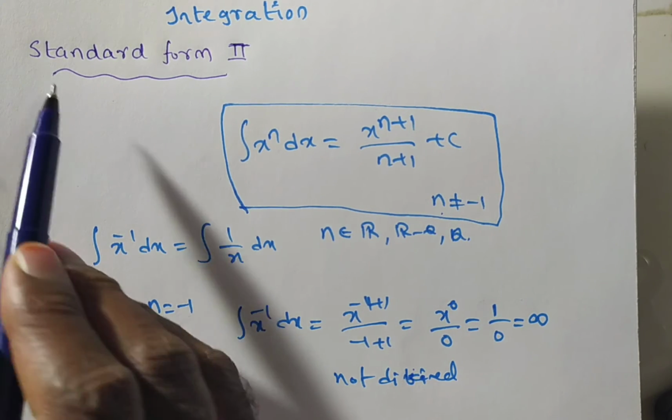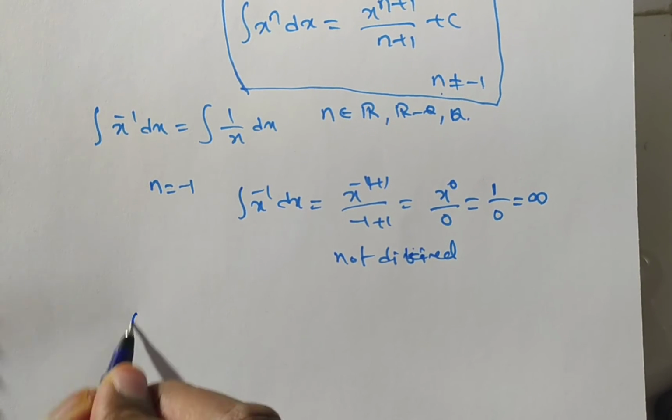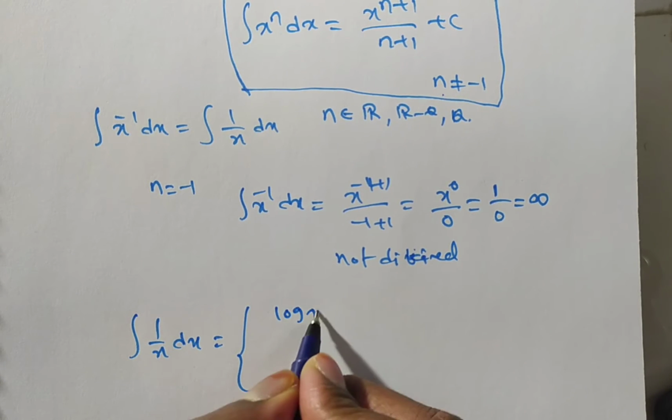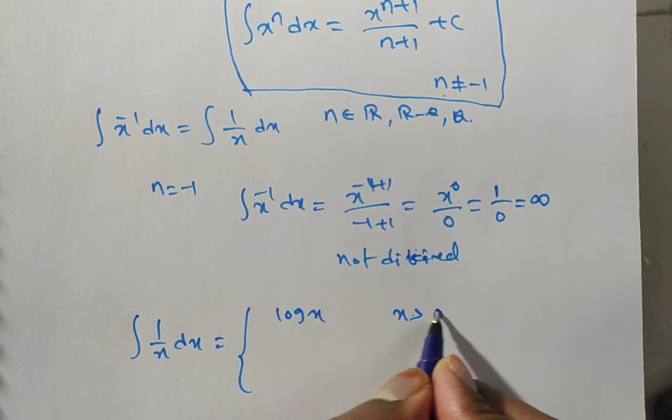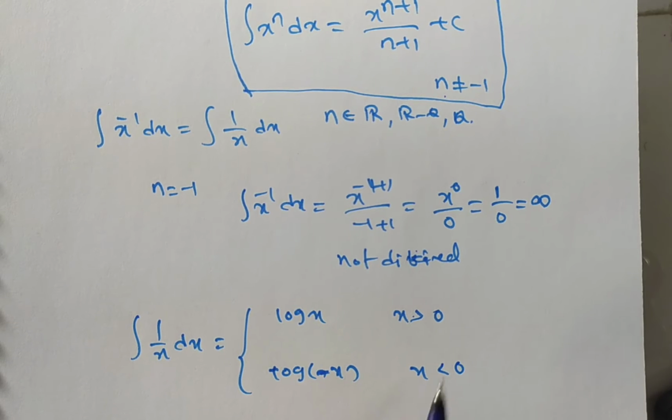So in this case, we have standard form 2. Standard form 2 is that the integral of 1 by x dx is equal to log x for x greater than 0, and log of minus x for x less than 0.